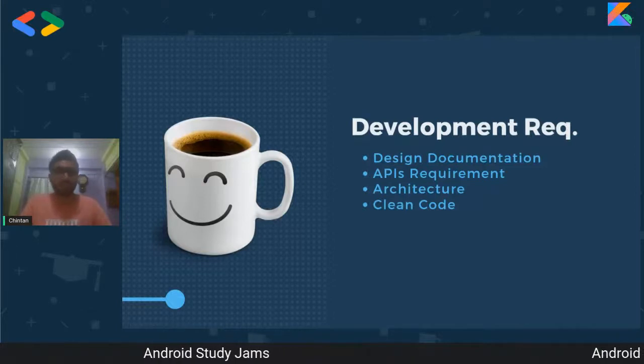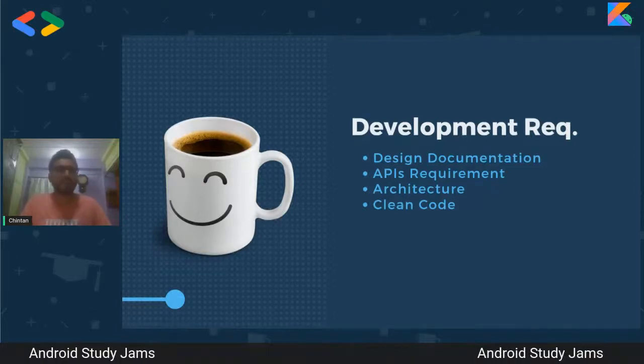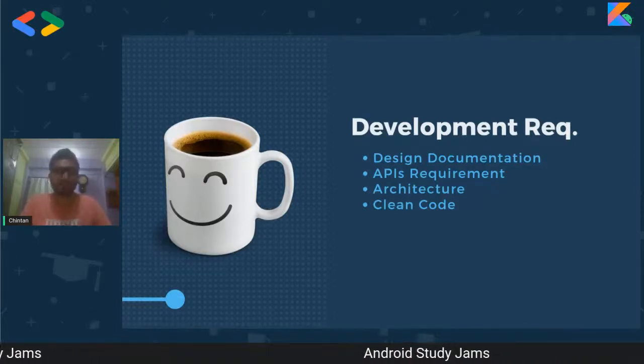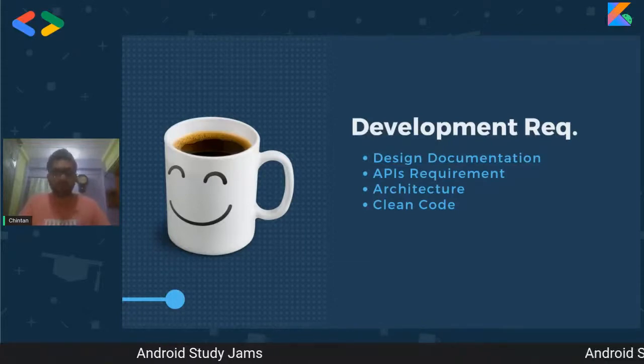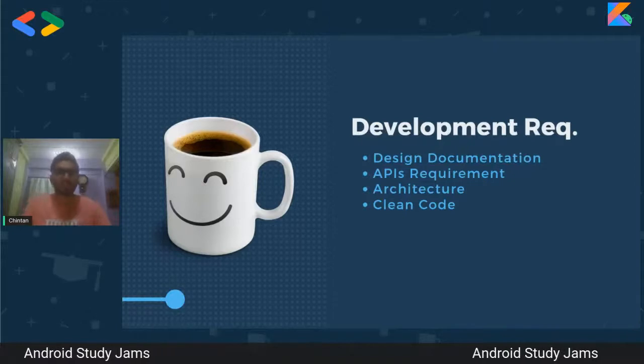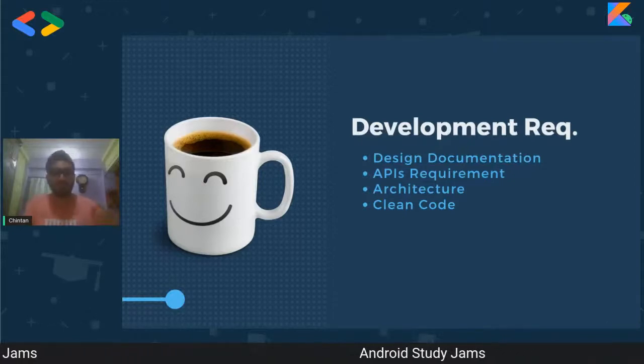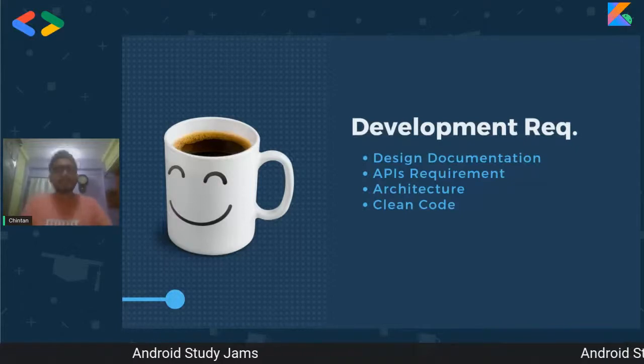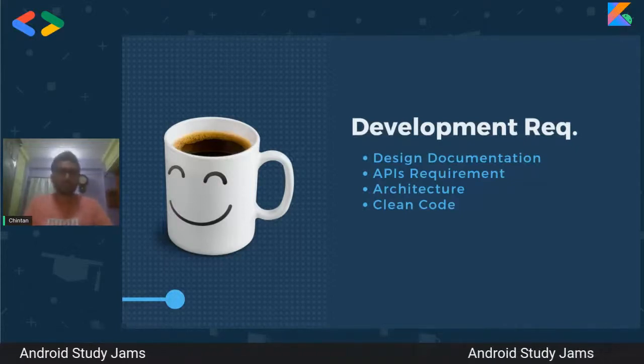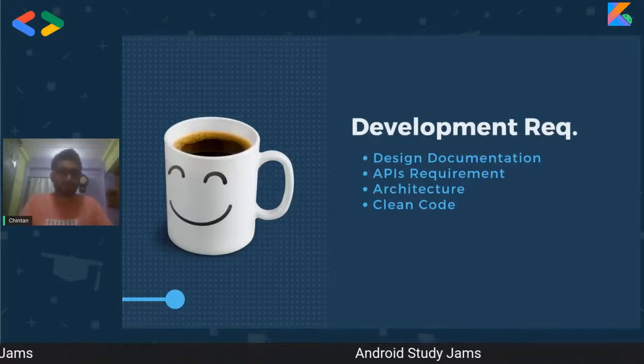Then you will require some tips from the business, like which segment of people are going to use it, or anything like that. So you will write everything down, like okay, I will require those classes, those UI, those API, and then you will come up with the architecture.